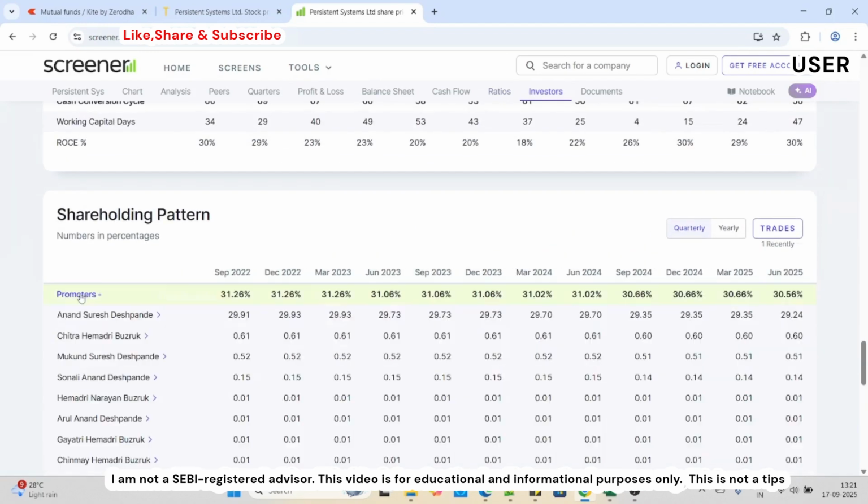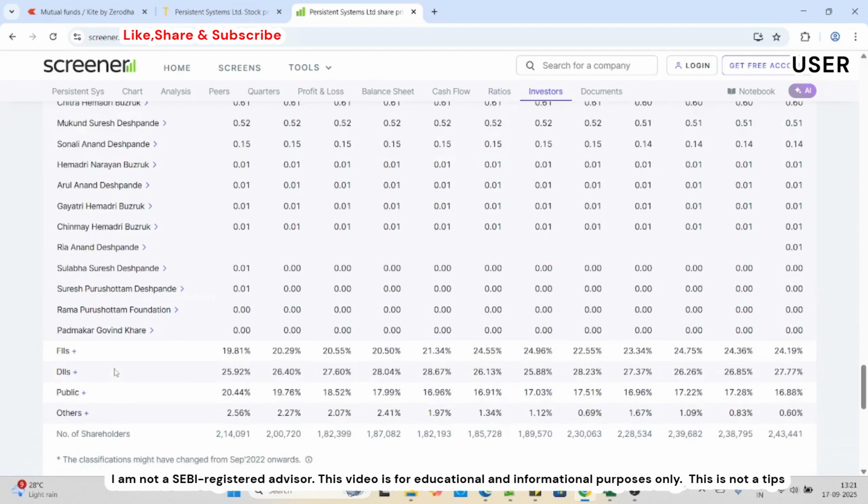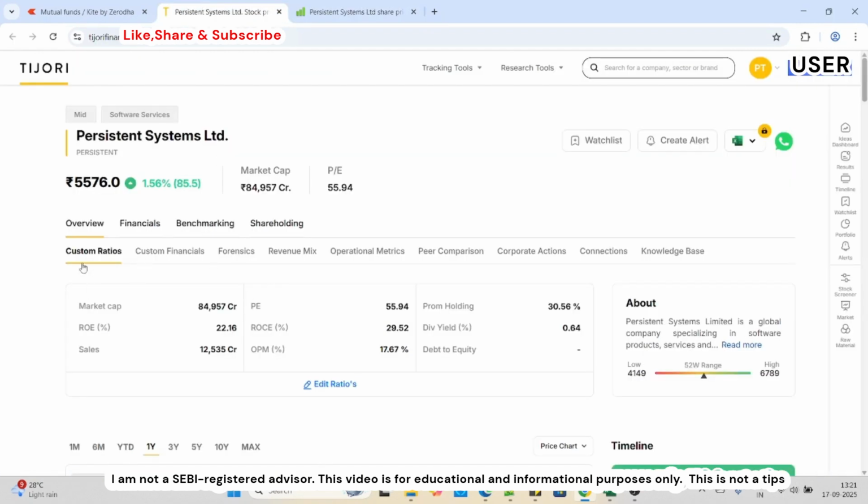You can also get promoter details here. Similarly, the kind of corporate data can be found here. This is the overview section.